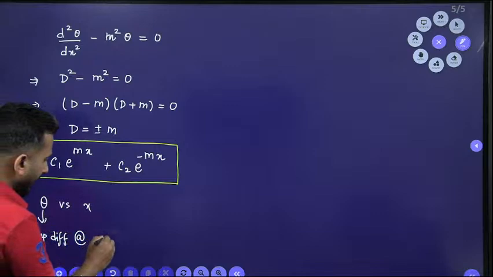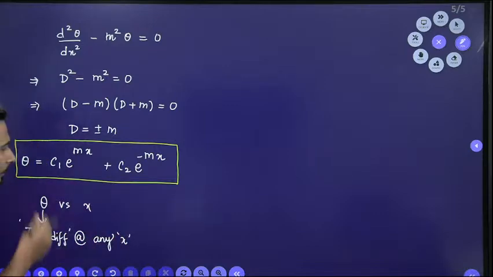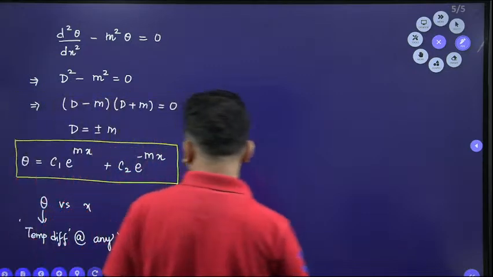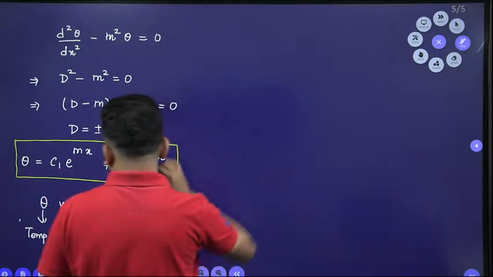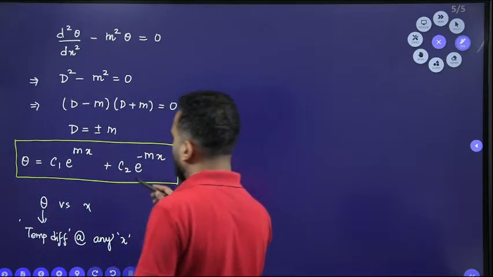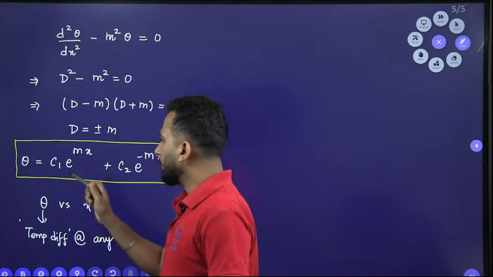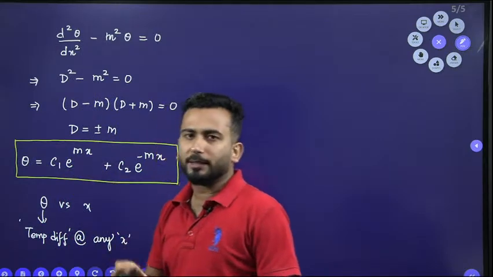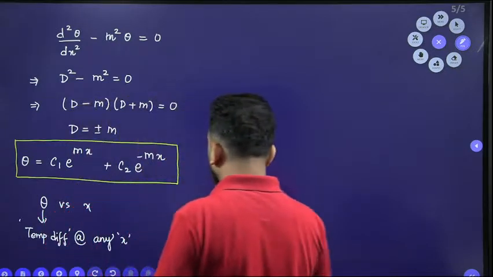Clear? So obviously you can see that if you have to find the exact theta, you will need two boundary conditions because two constants are there, C1 and C2. So all these things are fine.